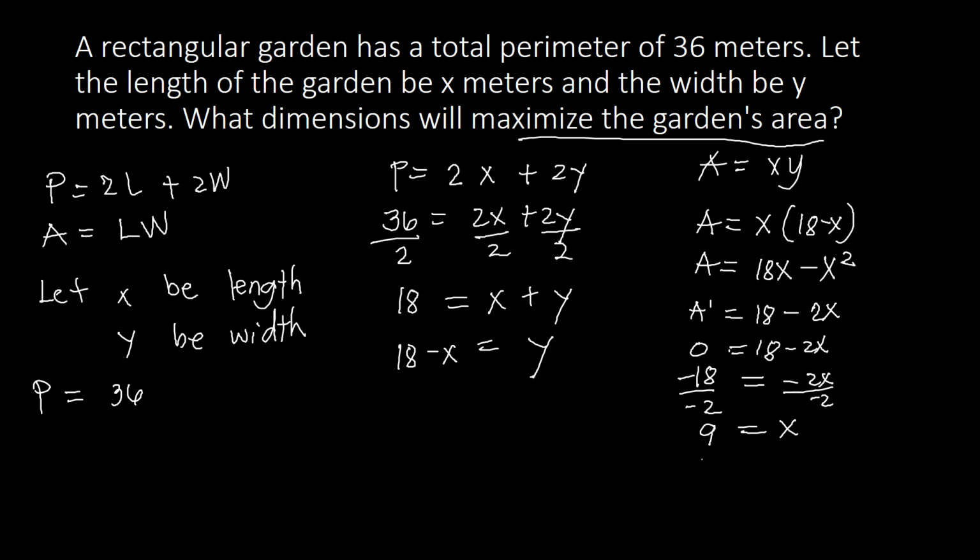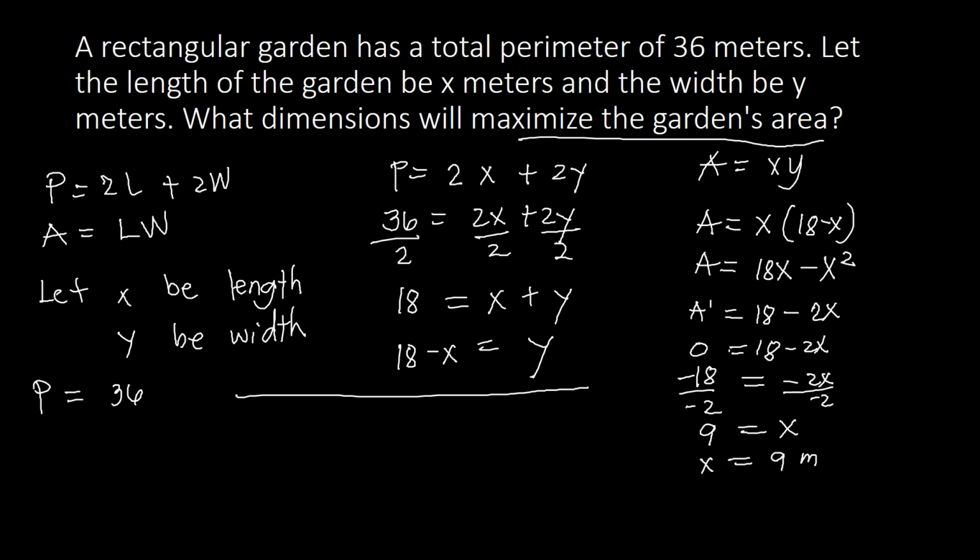Or our x is the length. The length there is 9 meters. And then, to check whether this is maximum or minimum, because our aim here is to maximize. If we don't have a maximum value here, that means we cannot maximize the area.